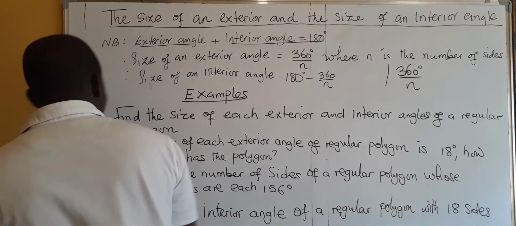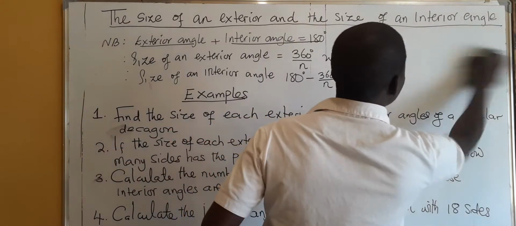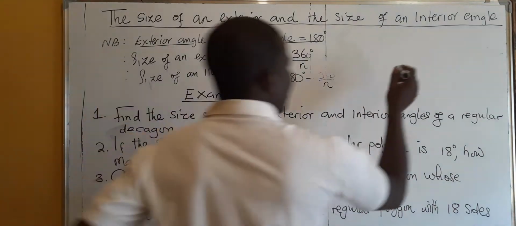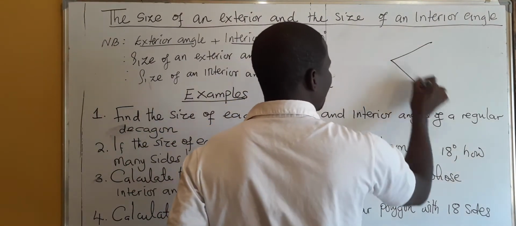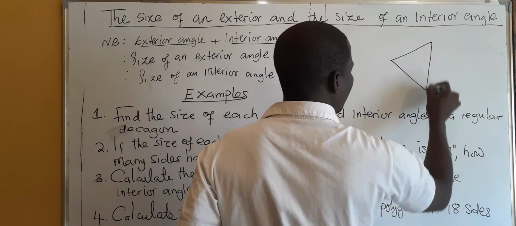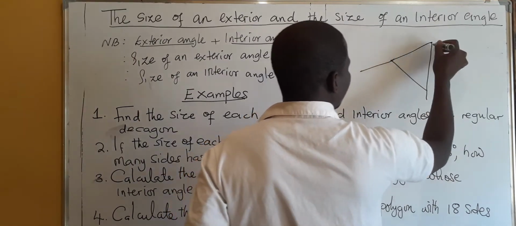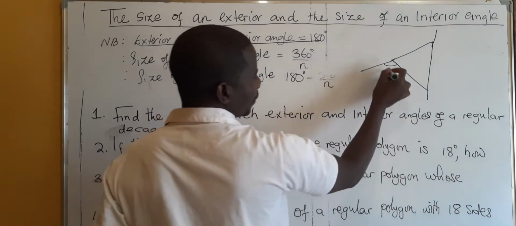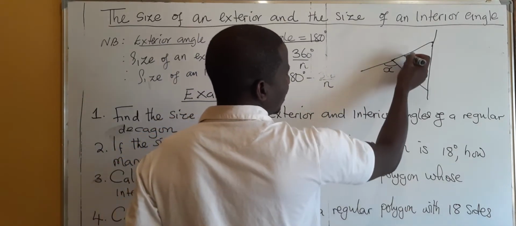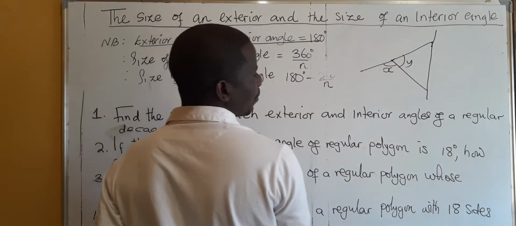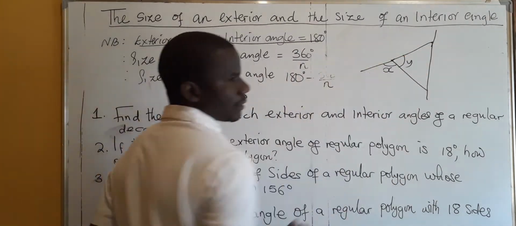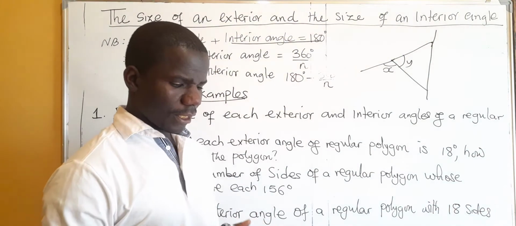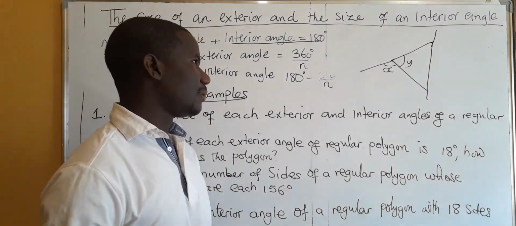Because we are saying you have a polygon like this one, just an example. Here we have an exterior angle, which we can call X. Then we have an interior angle here. These two angles are lying on a straight line. So when we add the two, they must give us what? 180 degrees.